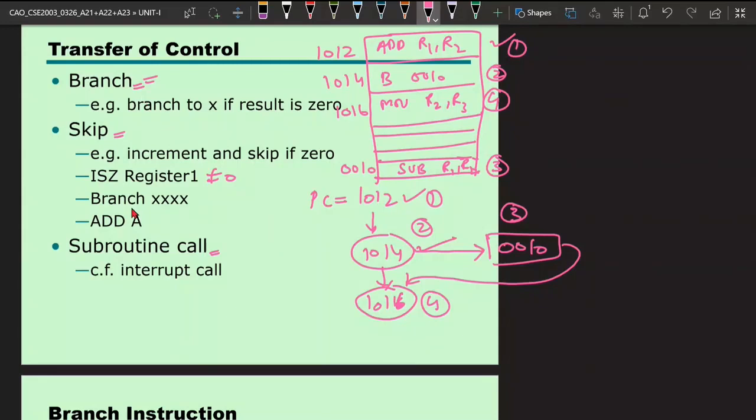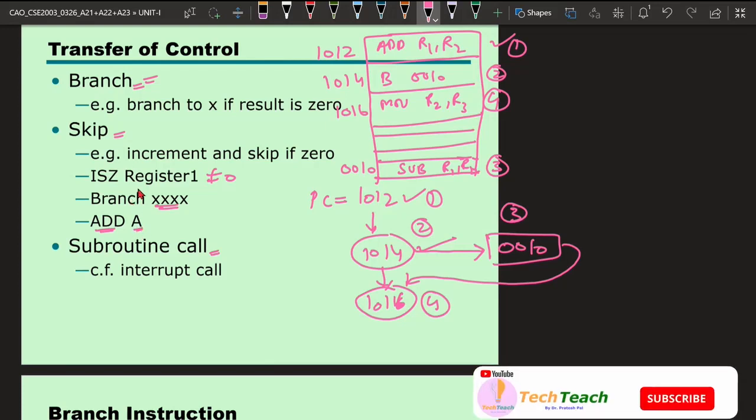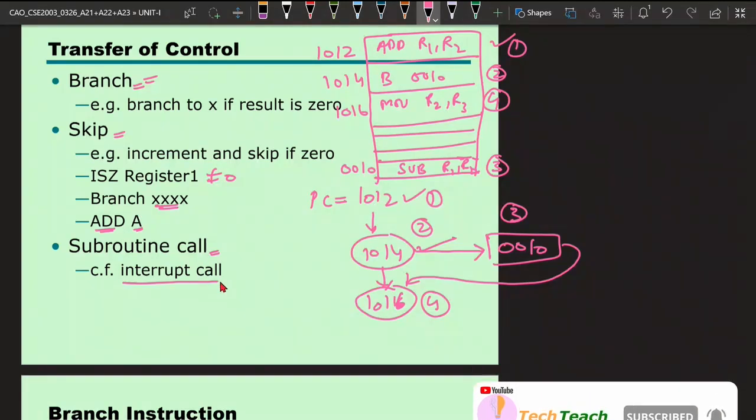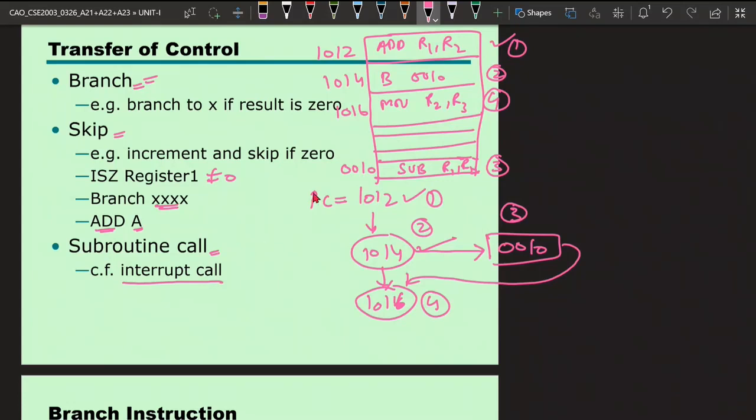If a branch instruction is there, branch with some address is there. It is like add A. This is how the branching is basically done. Some subroutine calls are there, and these are like interrupt calls. So in between some instructions, an interrupt came with some address.